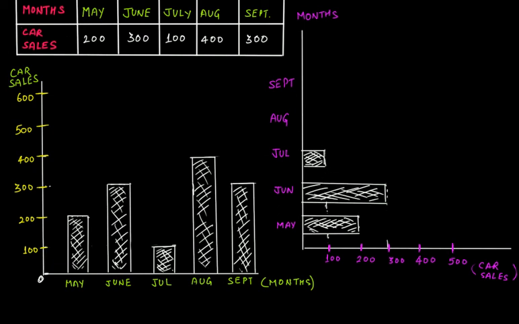Okay. Then for the month of August, we have 400. Just assume that it's a straight parallel line to this one, right?